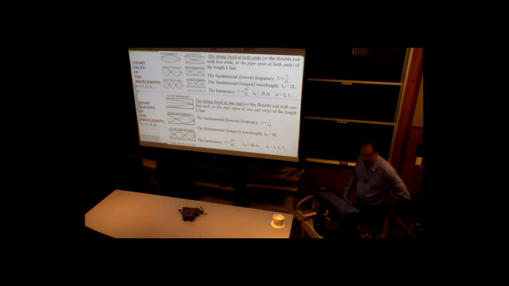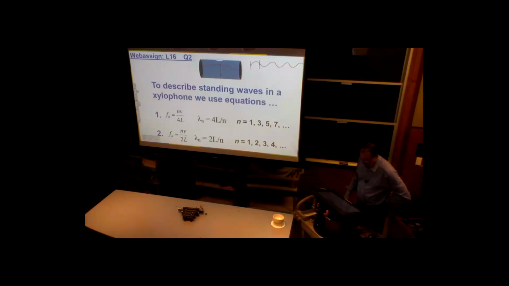So the medium is different, air, not string, but the set of waves which we can generate is the same. So we have to use the same set of equations. We have to count halves. This is the lowest. And the next one would have exactly one wavelength fit, and the next 3 halves, etc.